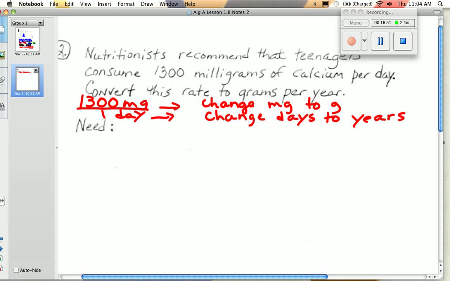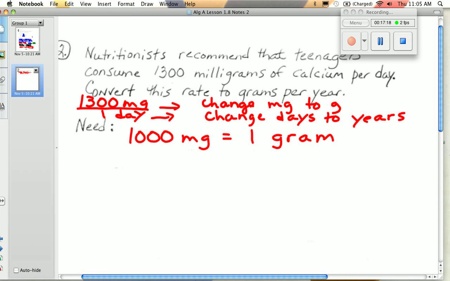Milligrams are smaller than grams, aren't they? So 1,000 milligrams equals 1 gram. We set it up like this because we don't know yet which one we want upstairs or downstairs. That gets us from milligrams to grams.